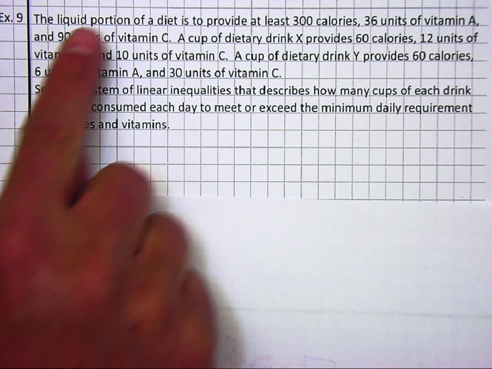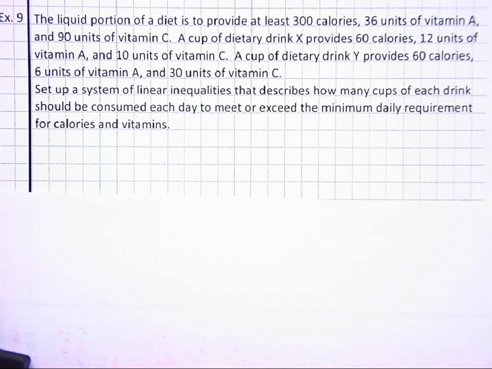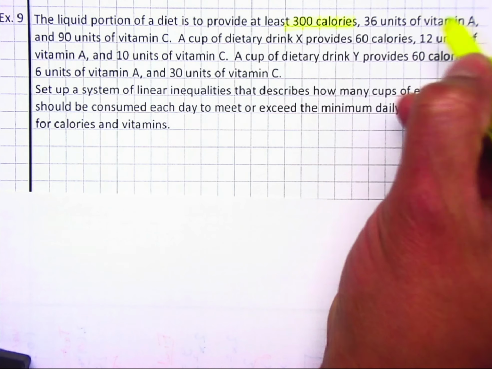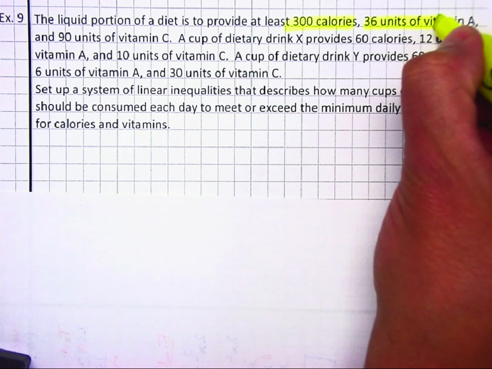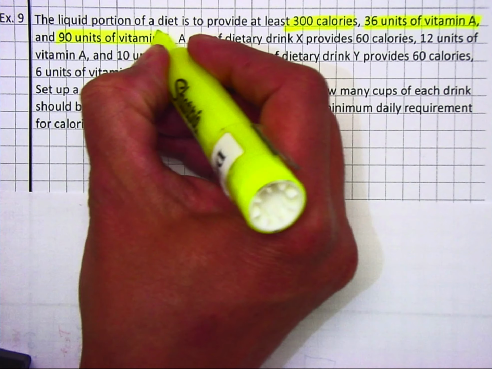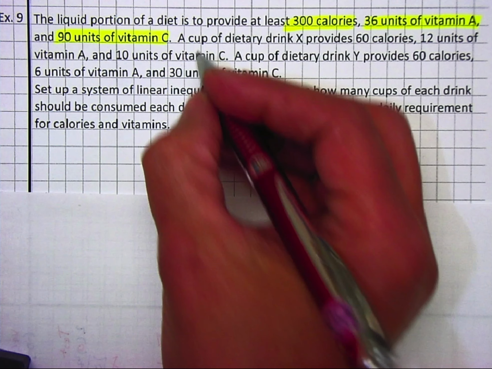So it says the liquid portion of a diet is to provide at least 300 calories and 36 units of vitamin A and 90 units of vitamin C. So therefore we have three components.